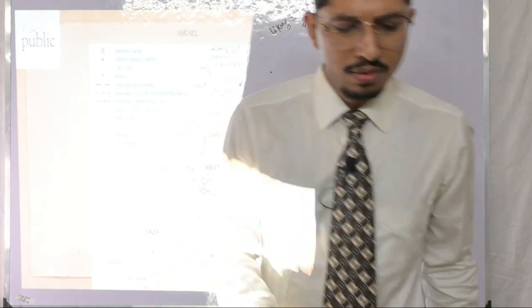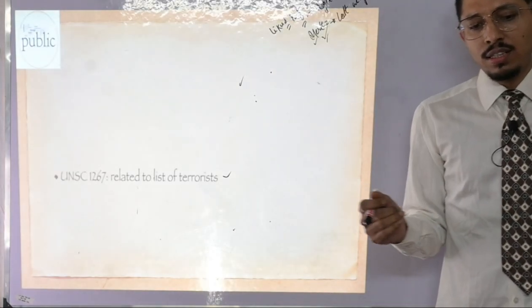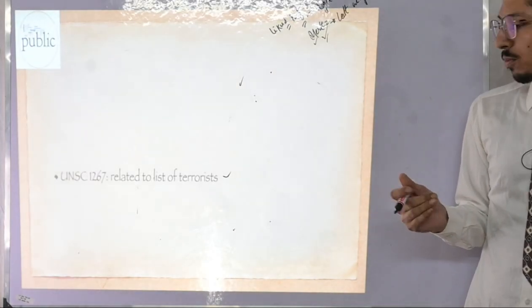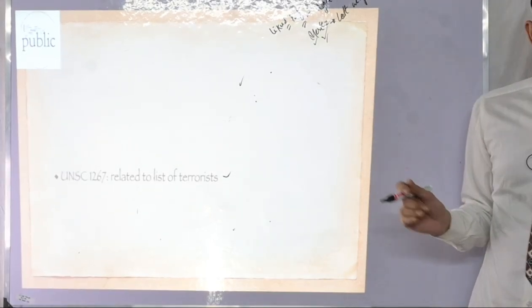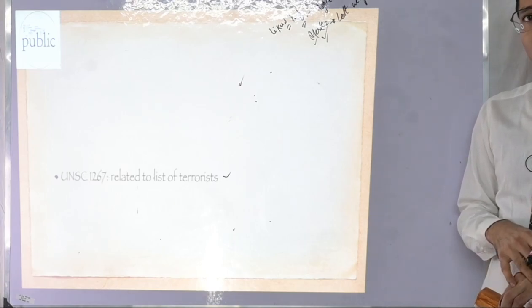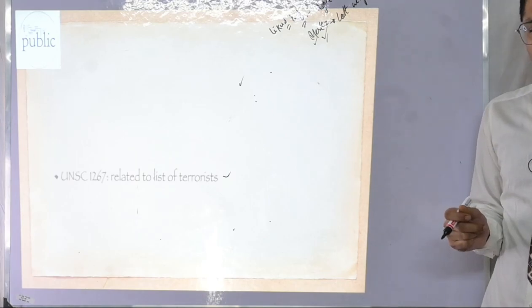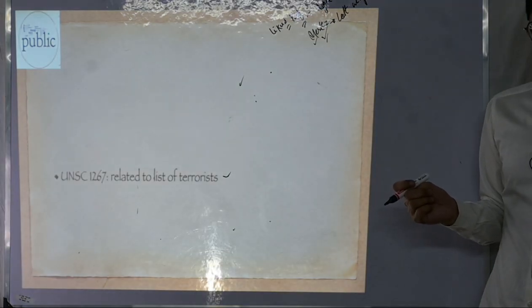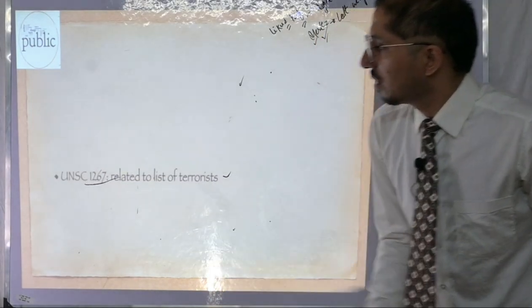There is one news related to China, and our Ministry of External Affairs spokesperson Arindam Bagchi has talked about the China-Pakistan Economic Corridor, which is impacting the sovereignty of our nation, and China should not build the infrastructure projects. In that news, you will find a mention of UNSC 1267.